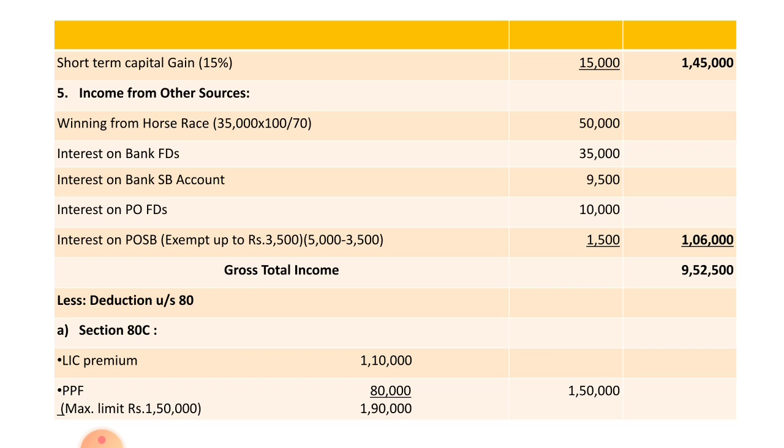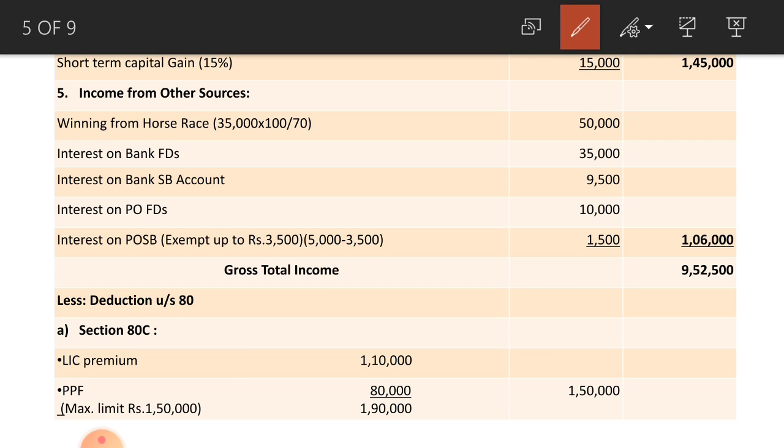Winning from horse race, net amount was given, you have to gross up, that will amount to rupees 50,000. Next, interest on bank FDs 35,000, interest on bank SB 9,500, interest on post office FDs 10,000, and interest on post office SB account.